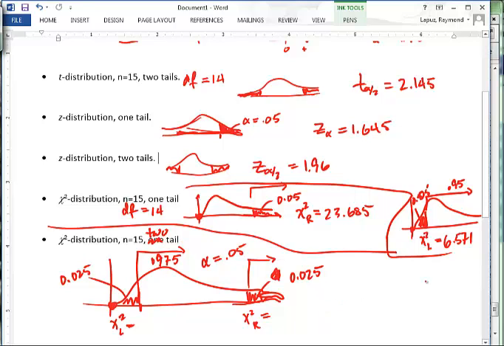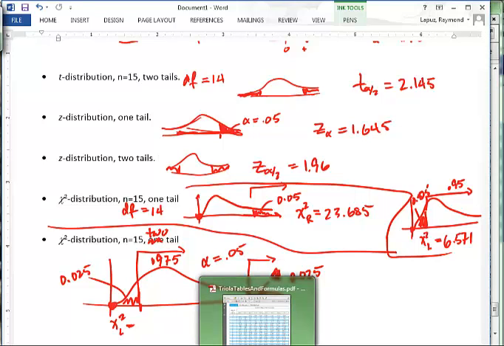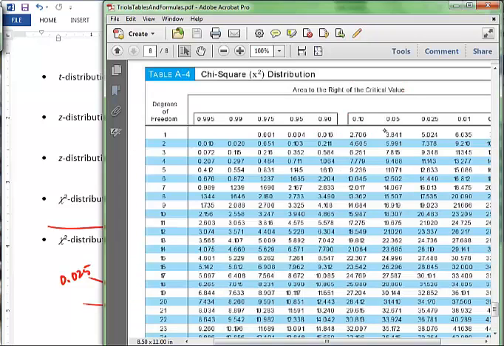Then we're going to look at the table and see the symmetry in the table. We're looking at 0.025. This is the third from the middle, and then the third from the middle going in the other direction is 0.975. So with degrees of freedom being 14, we got 5.629.